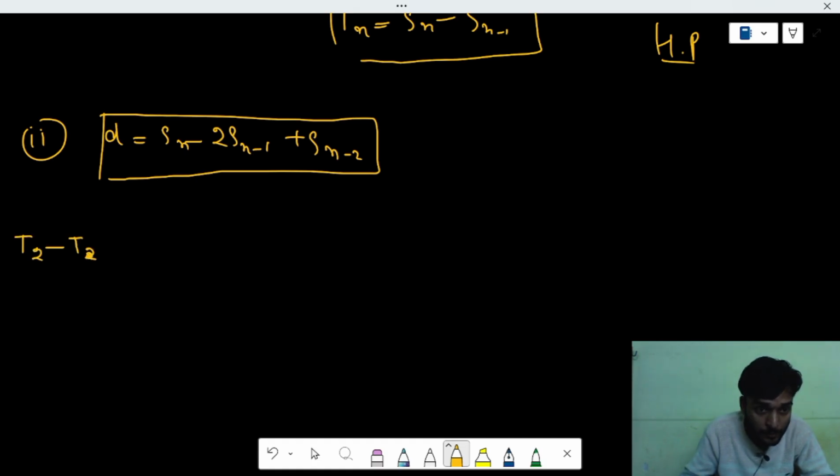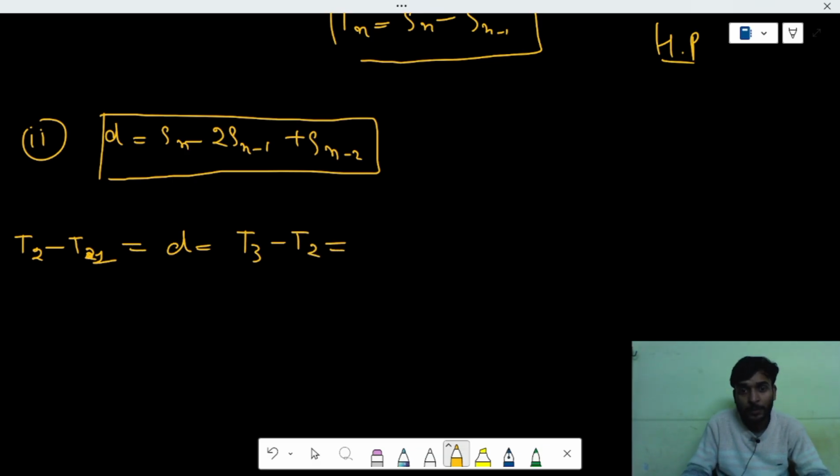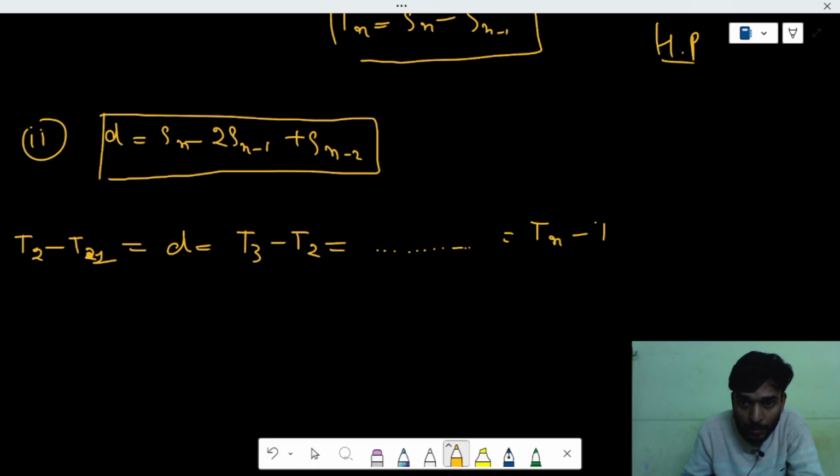T2 minus T1 equals d, and T3 minus T2 equals d. Similarly, the difference of two consecutive terms will be constant, and Tn minus Tn minus 1 equals d. We can write d equals Tn minus Tn minus 1.